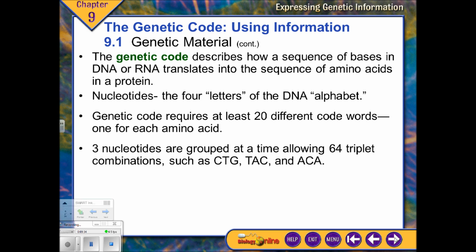Same thing with telephones, right? 7 numbers. So we only need 20 different codes. There's only 20 different amino acids. So a triplet is what the molecules did. And we have a possibility of 64, but we only need 20. So it's redundant. And that'll make more sense in a minute.